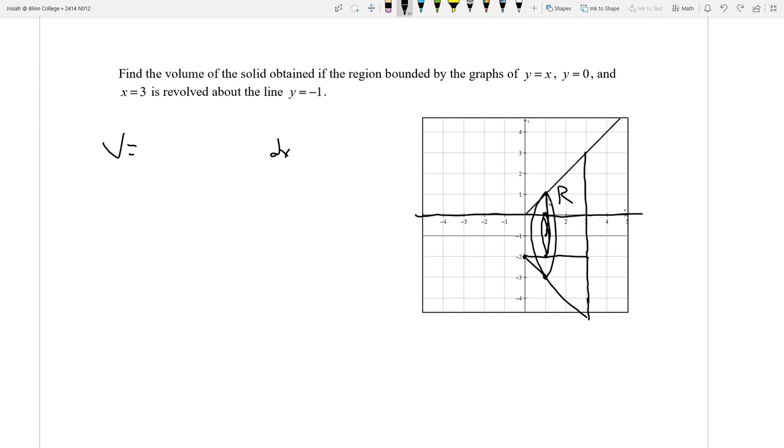But we have this extra bit here between the axis and -1. So we'll make our outer radius x plus 1, so x plus 1 squared. That's our outer radius. We have to add in that extra little 1 there. The inner radius is just going to be 1. It's just the distance from the line up to our function.